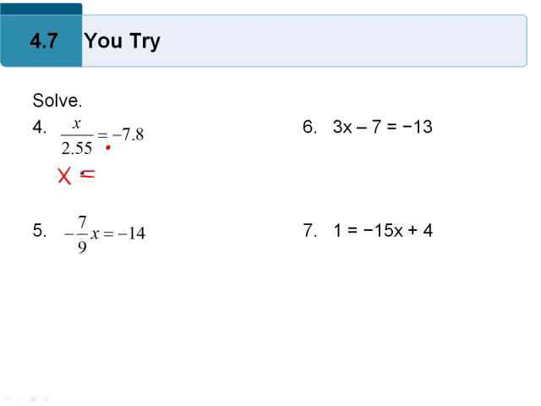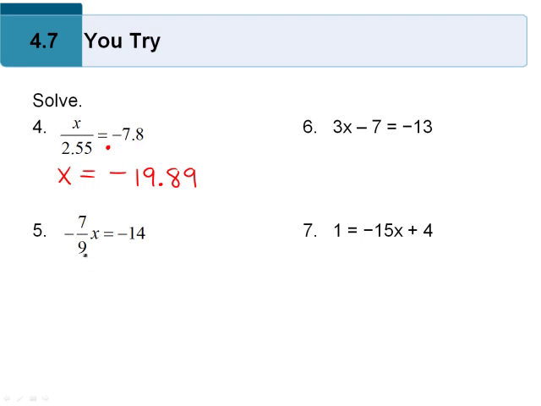Now notice I didn't say a negative because I know a positive times a negative is a negative. So I just let the calculator do the numbers and I figure out the signs. So it's going to be negative 19.89.